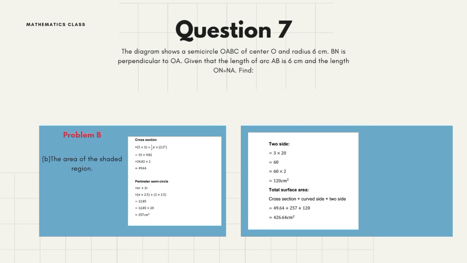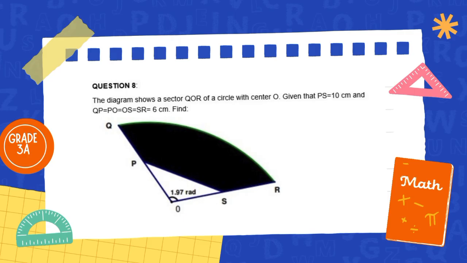Then we find the area of the two sides, which gives us the answer of 120 cm squared. So to find the total surface area, cross section area plus curved side area plus the two sides' area, we got 426.64 cm squared.